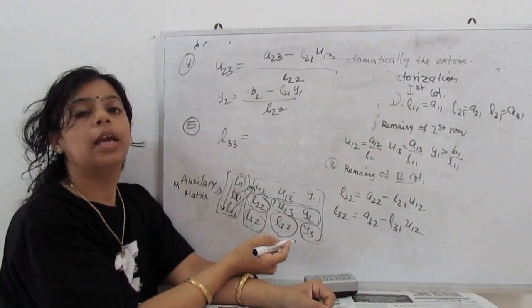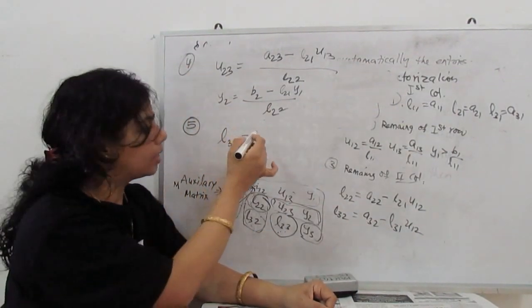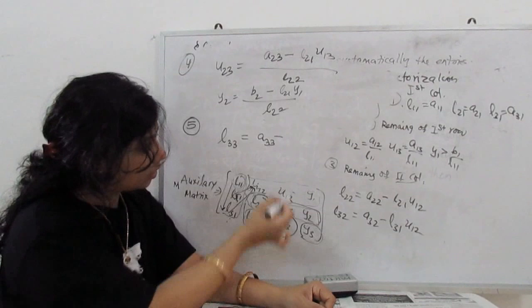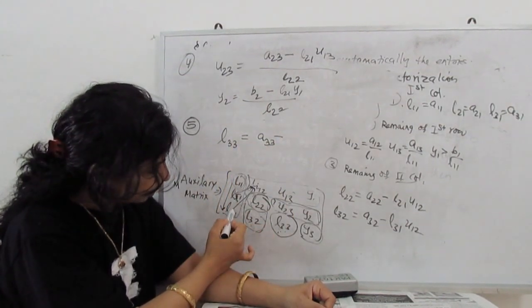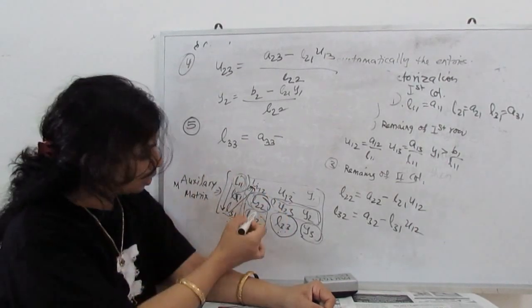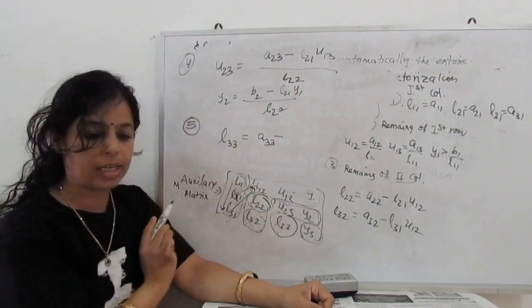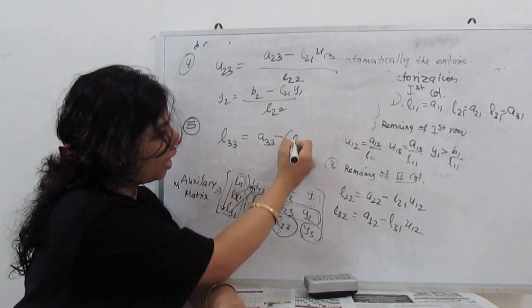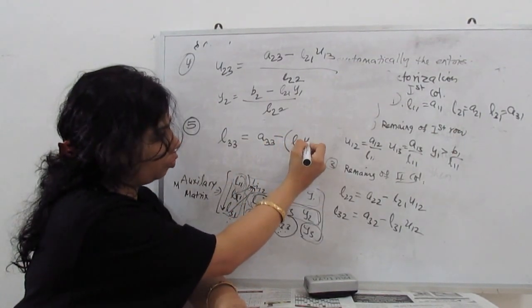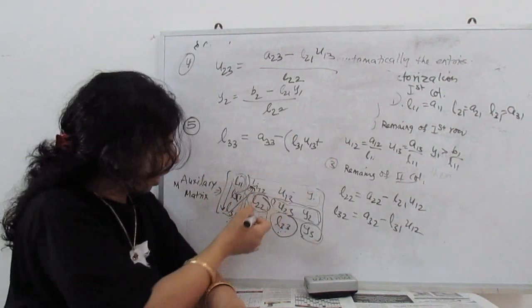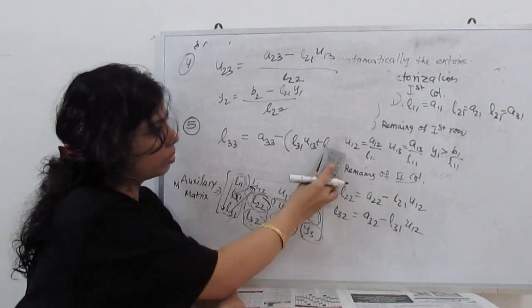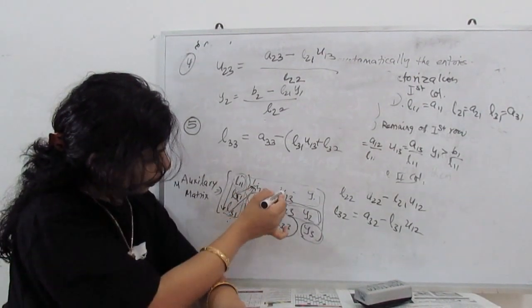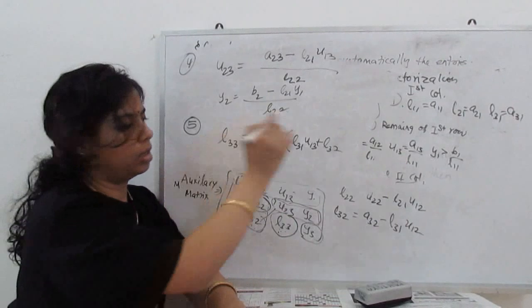For L33, it is the element of the augmented matrix, a33, minus L31 U13 plus L32 U23.